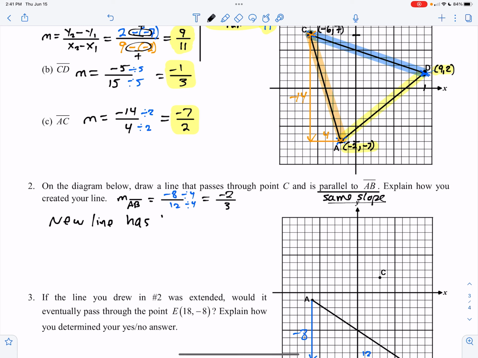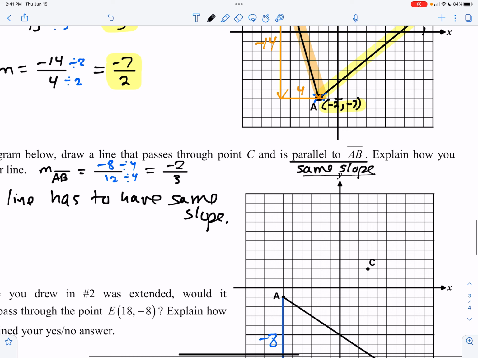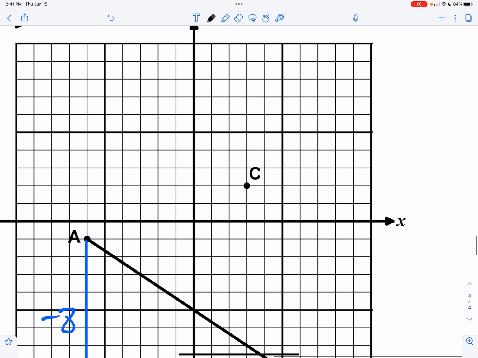So now the new line segment has to have the same slope. And here's an easy way to do it. Start at point C and go down 2 over 3. And then draw a line from there. So start at point C, go down 2 over 3, and make a point right there.